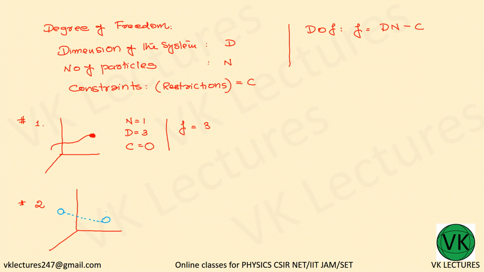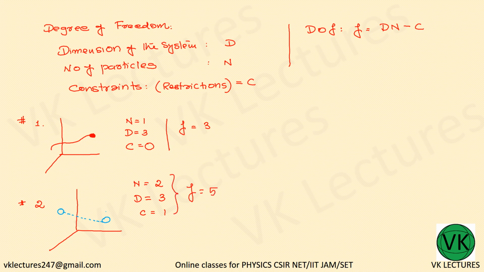So the number of particles is equal to 2, dimension is 3, constraint is 1. There is one constraint, and thus the degree of freedom f will be equal to 2 times 3 minus 1, that's 5.